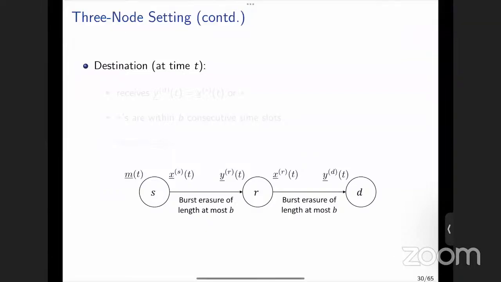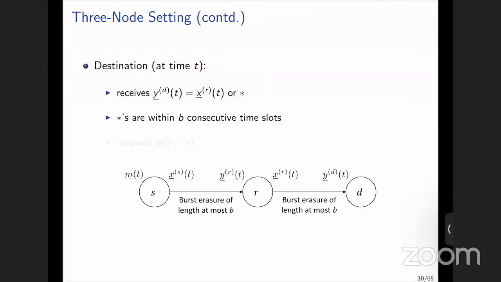So what does the destination have now? The destination will receive YDT. This YDT will be either XRT, which is sent by the relay, or again a star. So erasures can happen in both links: in the source to relay link as well as in the relay to destination link. Whatever is received by the destination, YDT, will be equal to XR of T or a star. Again, as in the previous link, these stars are confined within B consecutive time slots.